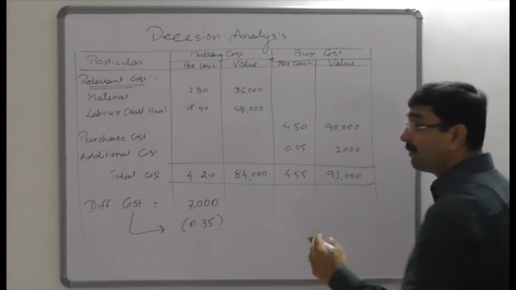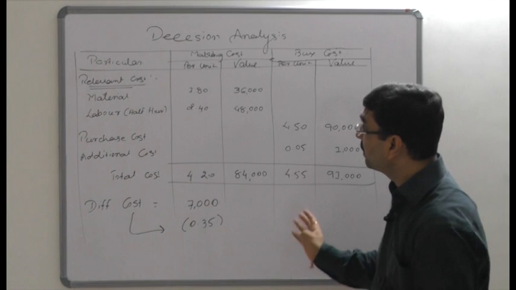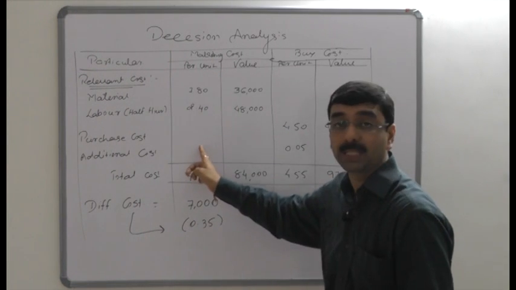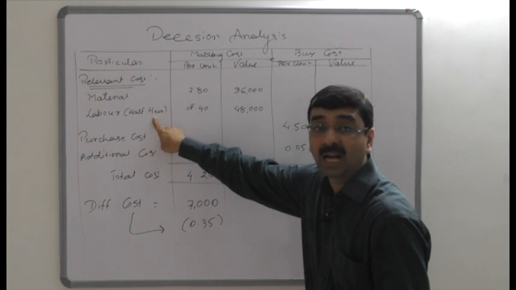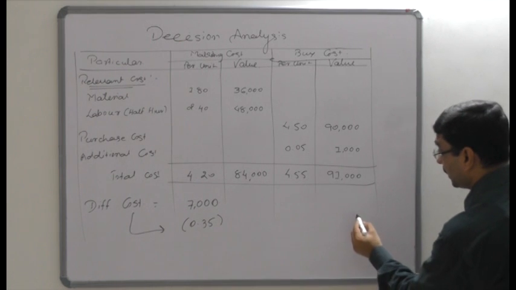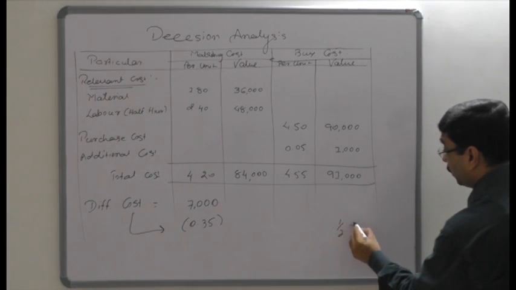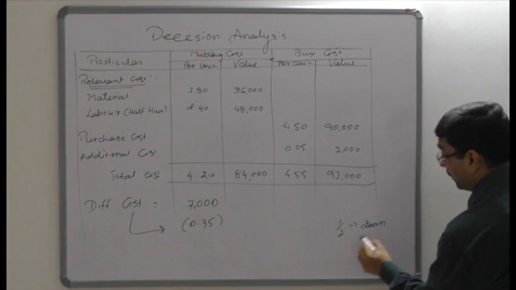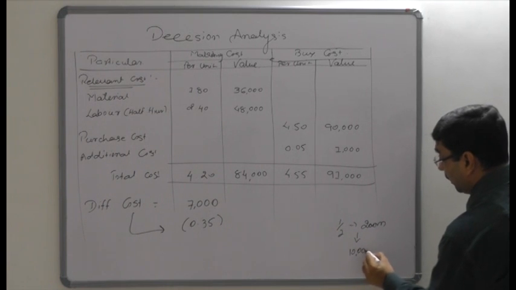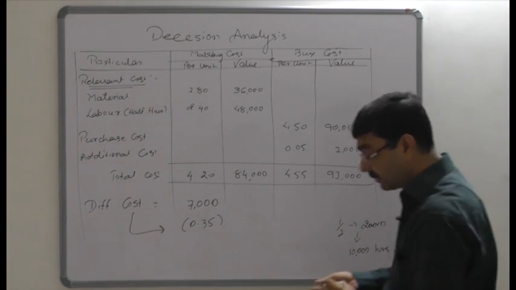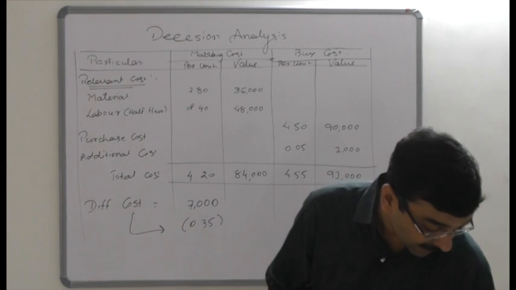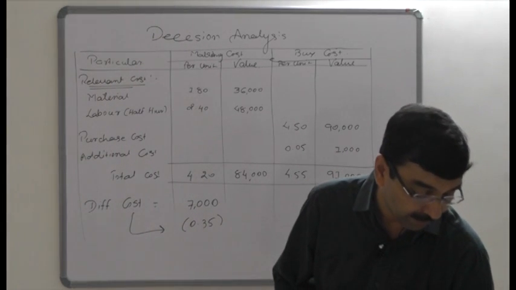See here, working hours are not actually lost, but working hours will be used for the manufacturing of this part. Here it uses half an hour, and half an hour is required per unit for 20,000 units. So the total of 10,000 hours is required, and 16,000 rupees is the unfavorable volume.